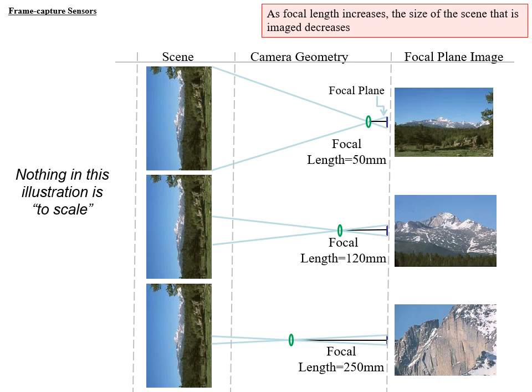And finally, if you have a very long focal length, then the ratios of the distances are going to be even smaller, and you're going to be zoomed in on a small portion of the exterior scene.